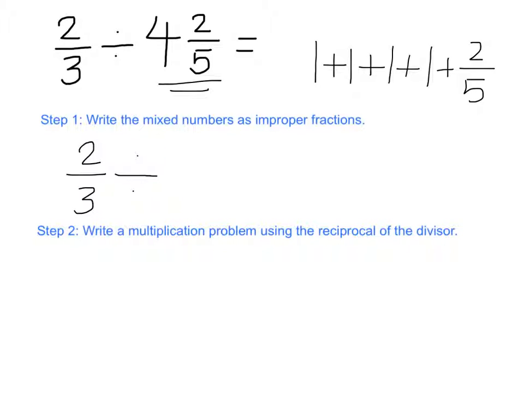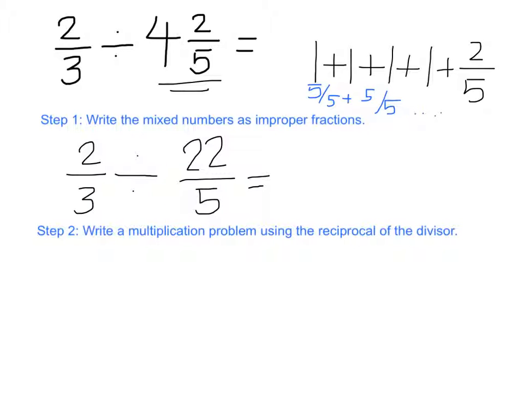Okay, so if I wanted to change each of those whole number ones to a fraction, I could think of it as how many fifths? 5/5 plus 5/5, etc., right? So in the end, what is my improper fraction? How many fifths? 22 fifths. Good. So again, our first step is to write the mixed number as an improper fraction.